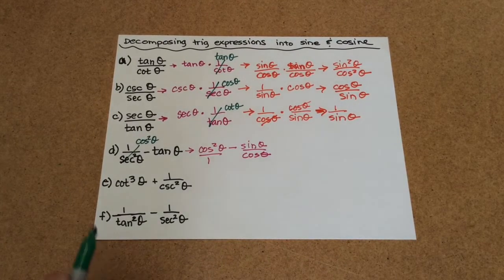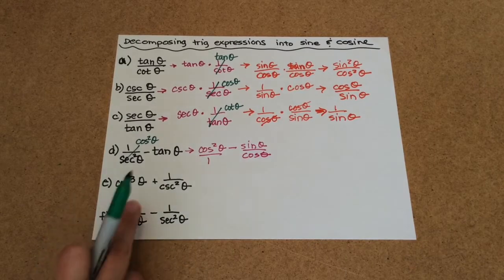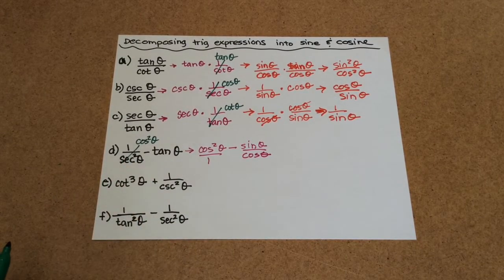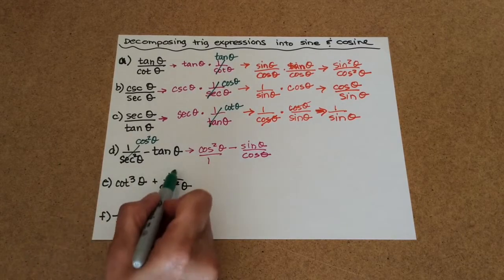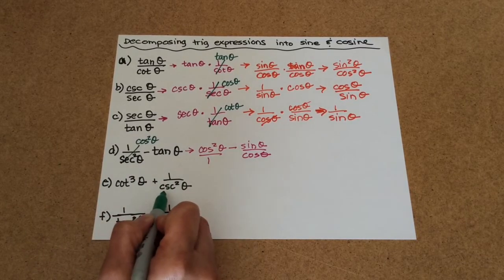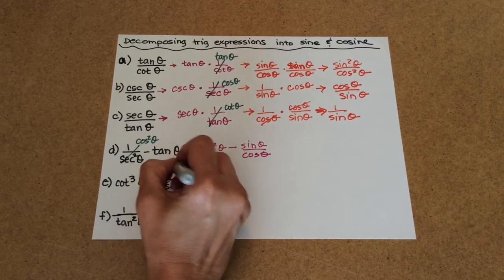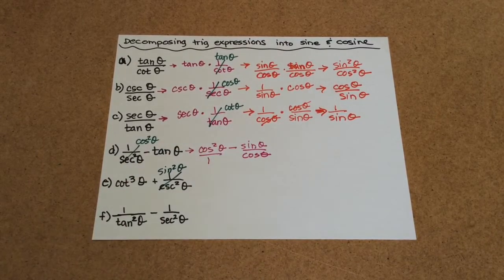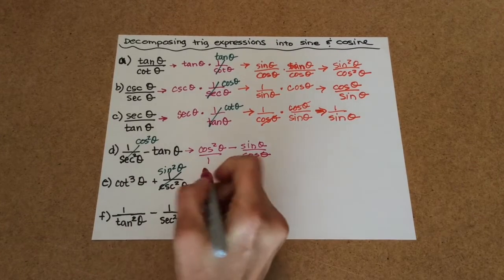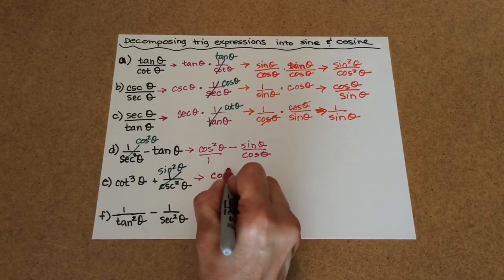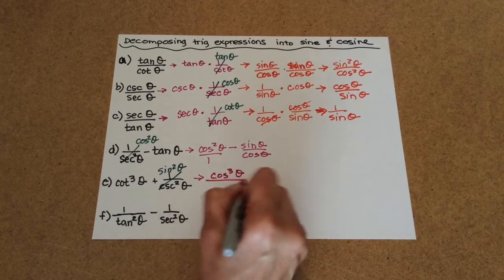We'll do one more. So here we have cotangent cubed theta plus 1 over cosecant squared theta. First thing I recognize here is a reciprocal. Cosecant is a reciprocal of sine, so I can replace that with sine squared theta. And then we'll move forward. So cotangent is cosine over sine, and since it's cubed, we'll cube it.